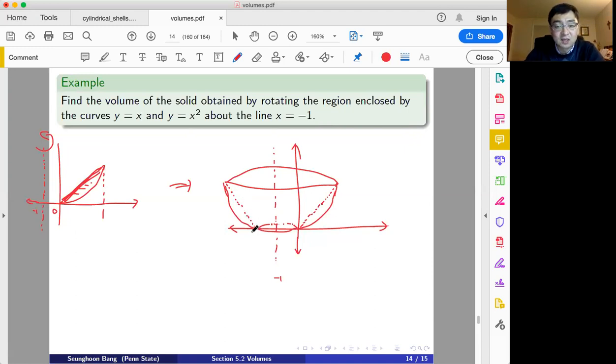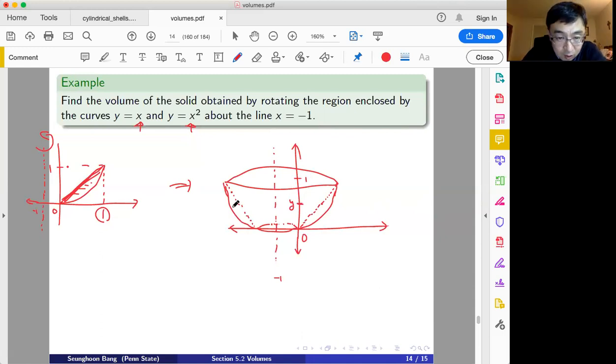So in this case, don't cut this solid using a vertical plane, because we don't get circles here. We can use the y value. If you plug 1 into here or here, the y value is always 1. So what does it mean? From 0 to 1, it is better to choose y and cut this solid using a horizontal plane.